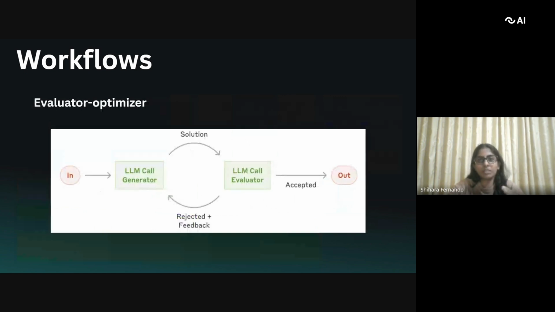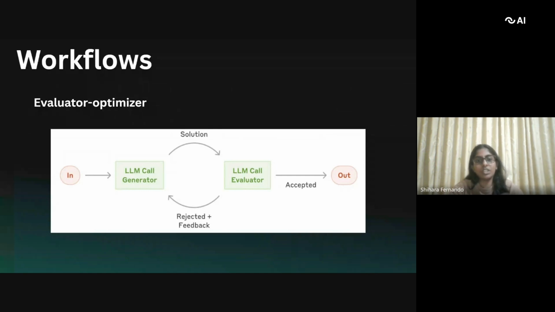So finally, I have included the evaluator optimizer workflow. This is somewhat similar to an agentic workflow, but it is not an agentic design pattern. So here what happens is when the input comes, the LLM call generator analyzes it and gives a solution. And in the LLM call evaluator, it evaluates whether it can be accepted or not. If it can be accepted, it gives the perfect output, or else it rejects it with feedback.